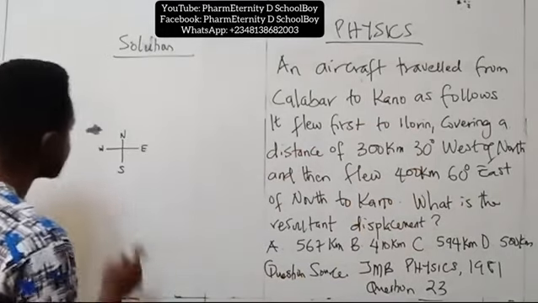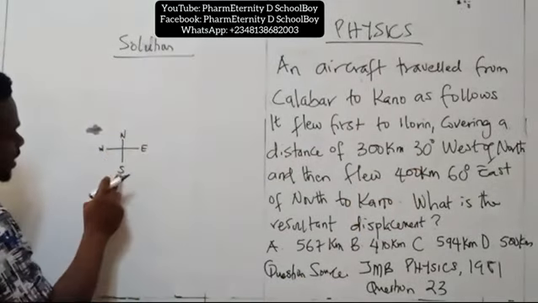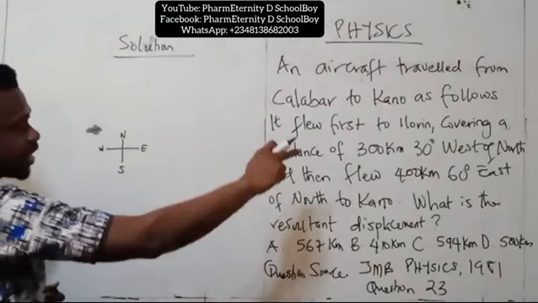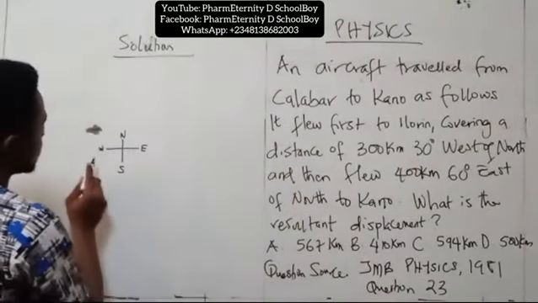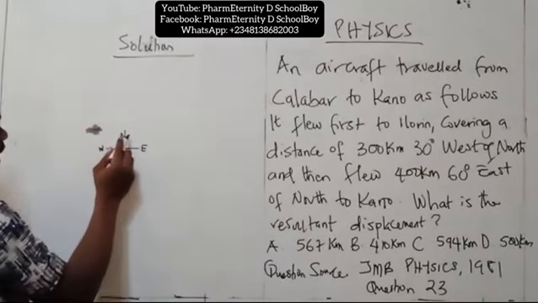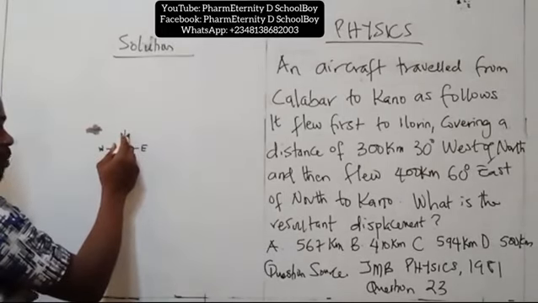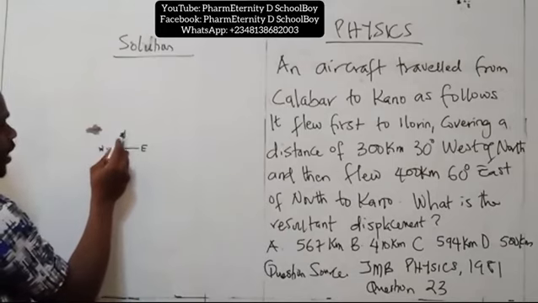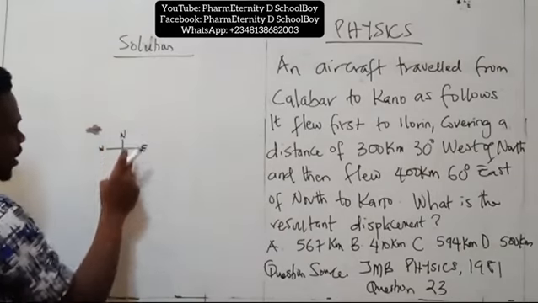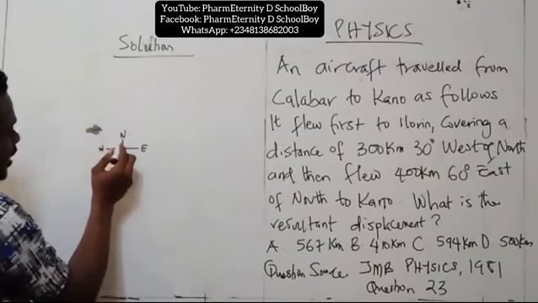West of north. This is the west, and this is the north. Remember, we'll start from where? These are the main poles, north, south.